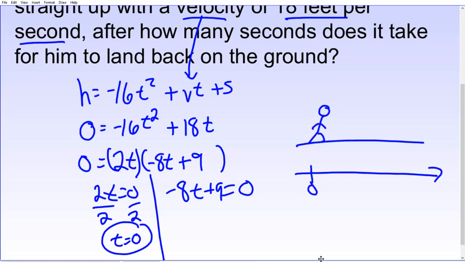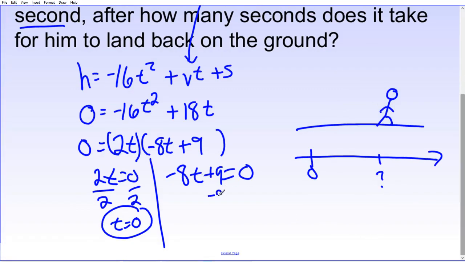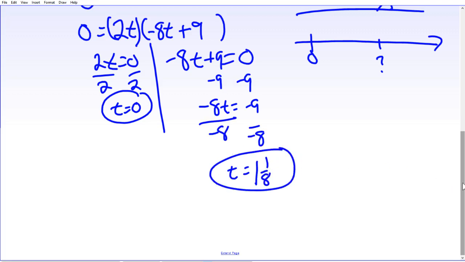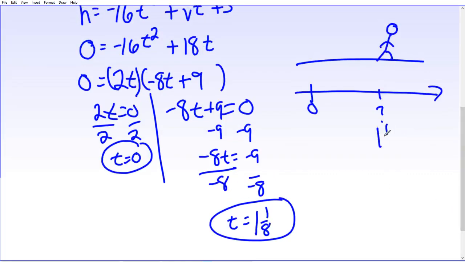This is before he jumped. He's going to jump, and I want to know at what time he ends up back on the ground. Well, if I subtract 9, negative 8t is equal to negative 9. Divide by negative 8 on both sides, and t is equal to 1 1/8 seconds. So Mario would land back on the ground in 1 1/8, which is 1.111.